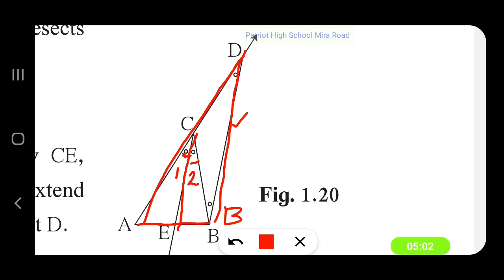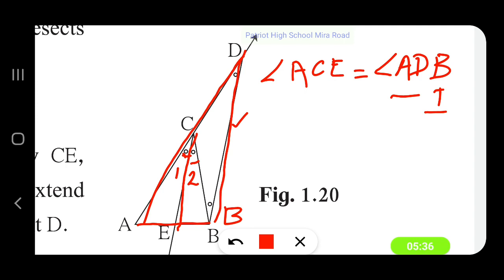Now we have angle 1 or angle ACE. It is equal to angle ADB, because CE and BD are parallel and AD is the transversal. This is one.